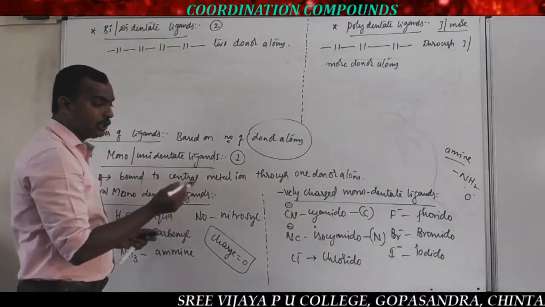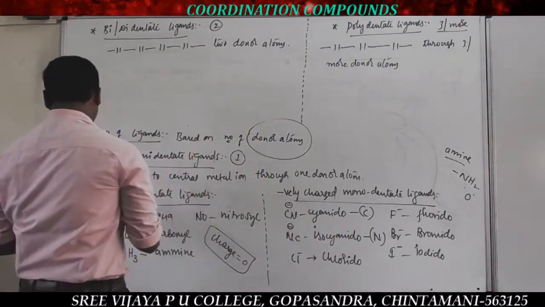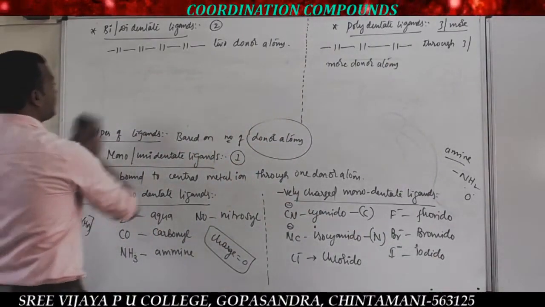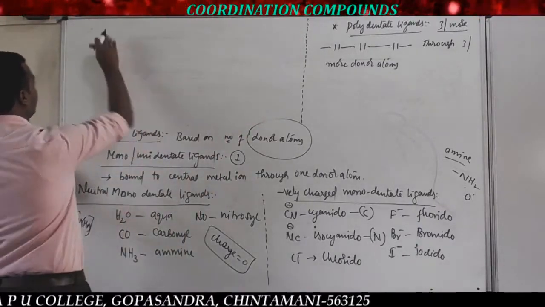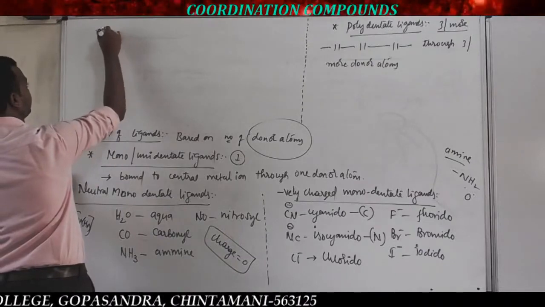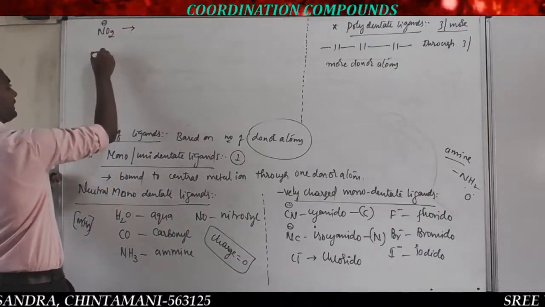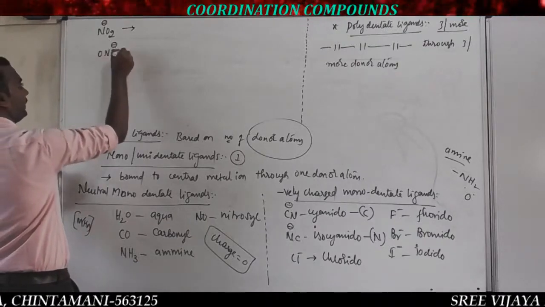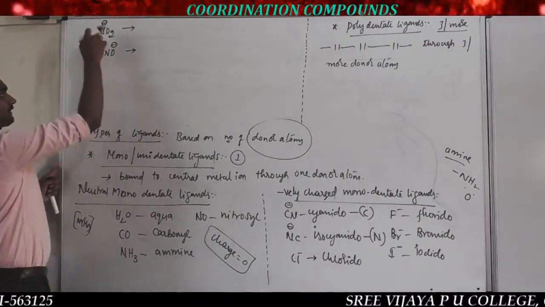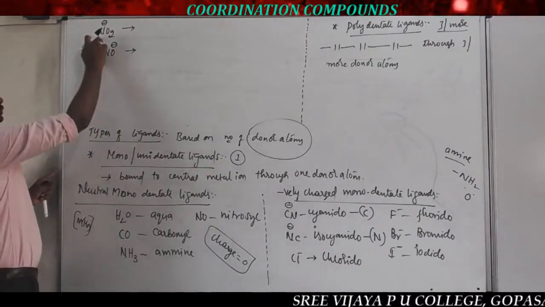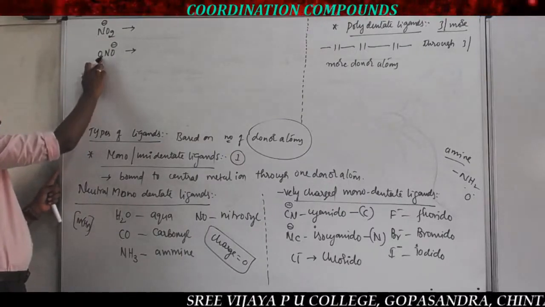That's another type of negatively charged monodentate ligands. One more example: NO2 minus. There is another ligand, ONO minus, with the same composition but different donor atoms. Here the donor atom is nitrogen and here the donor atom is oxygen.